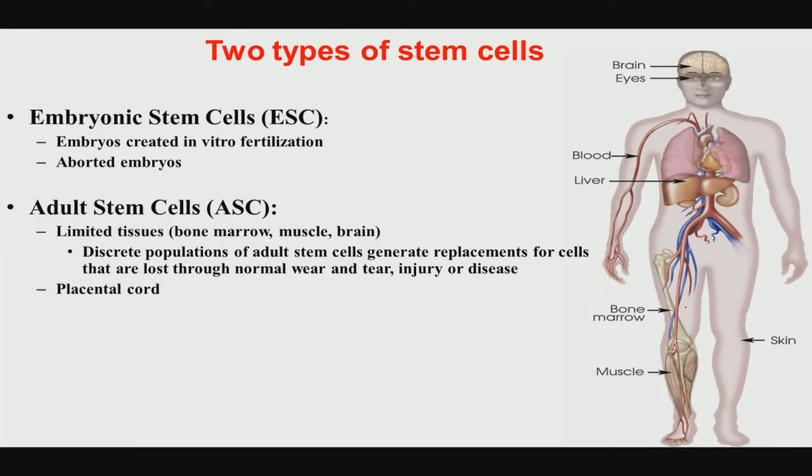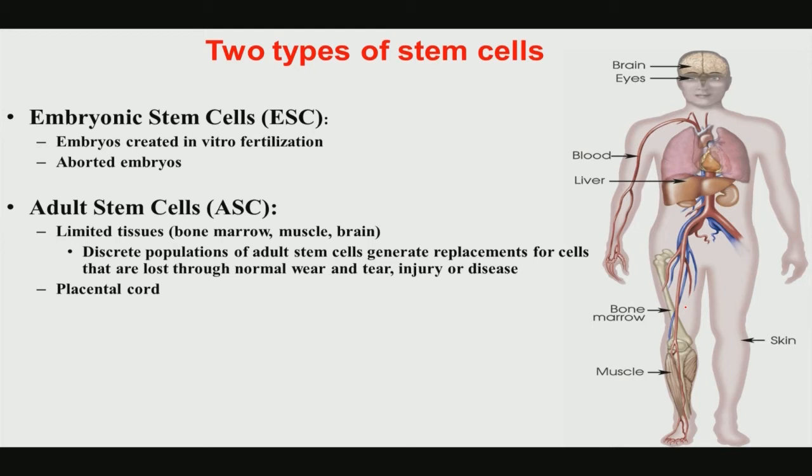As I said before, there are two different types of stem cells. One is embryonic stem cells, which can be obtained from embryos created during in vitro fertilization or aborted embryos. Another is adult stem cells, which are available in bone marrow, muscle and brain.